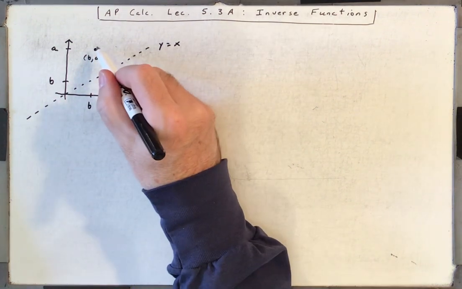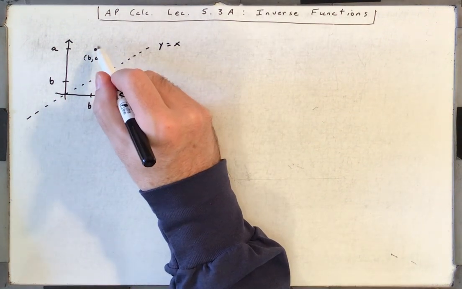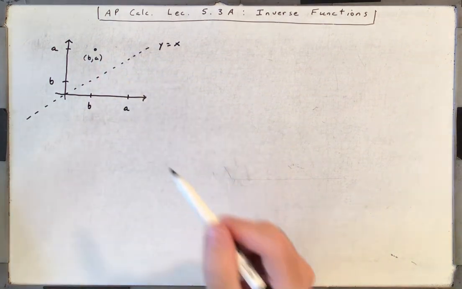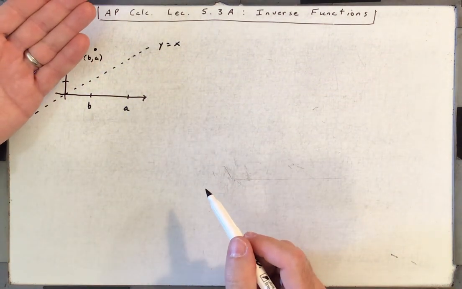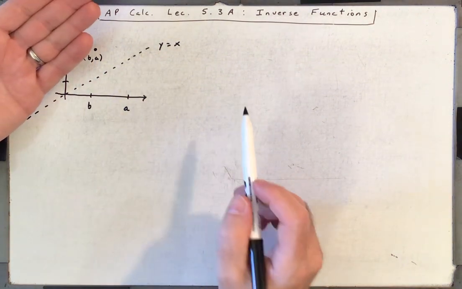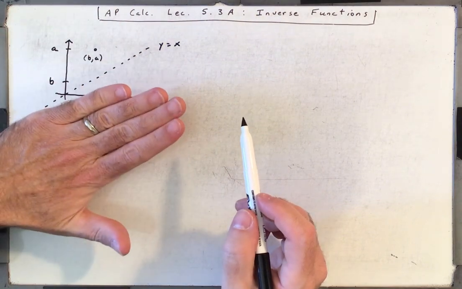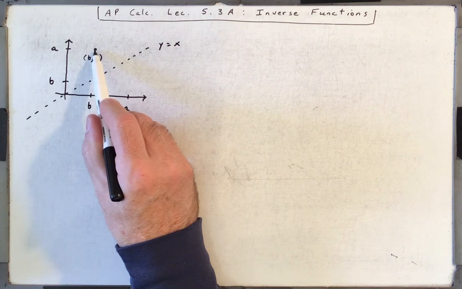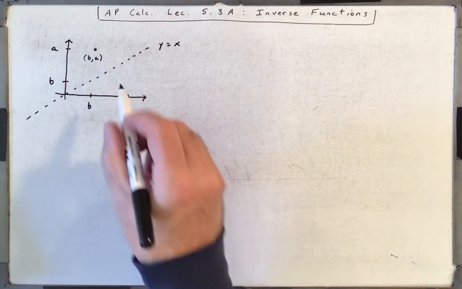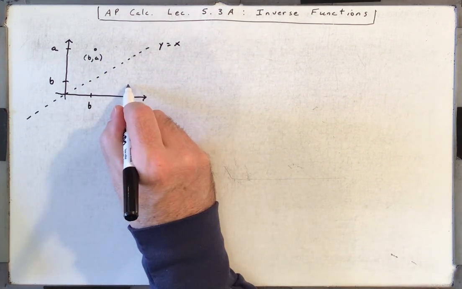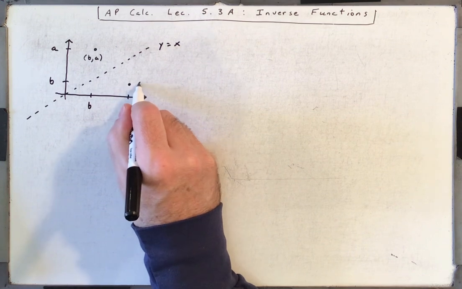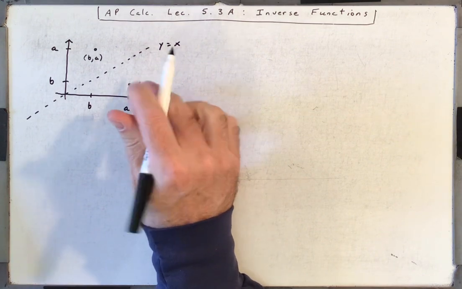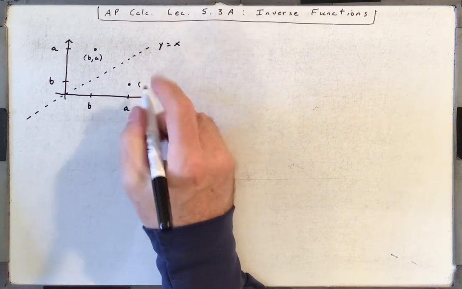let's say you were to put some wet paint on that point. And then you were to take this, let's say this was on paper, and you could fold it over, all right, across this line, y equals x. Where would the paint leave a mark on the other side? It would leave a mark at the inverse point AB.